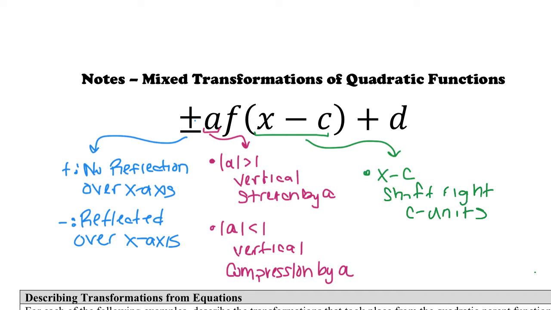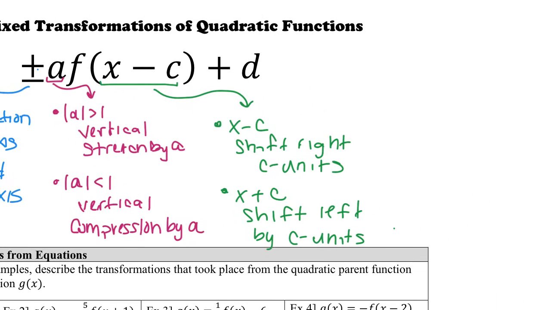Minus should go left, but because it's inside parentheses, it's backwards. It actually goes right. And then we have x plus a number. That will shift left by c units. Again, positive should go to the right, but because it's inside, it's backwards.